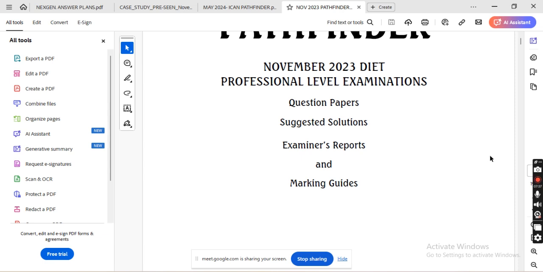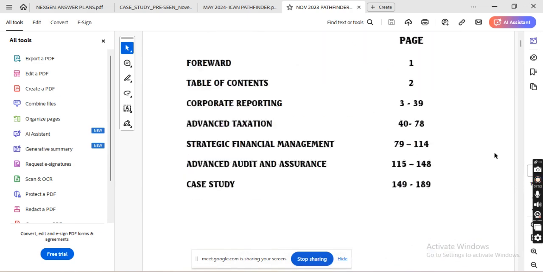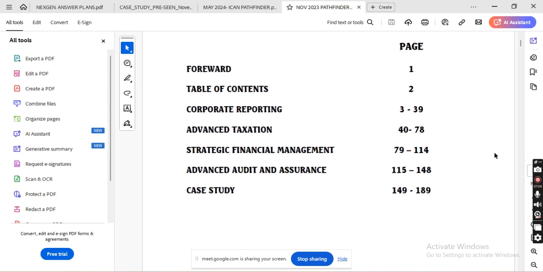November 2023, class. Now let's quickly check the pre-seen. What we want to do is determine whether it is an internal report or an external report. Case study 149.